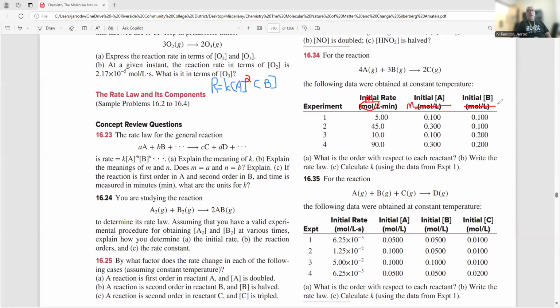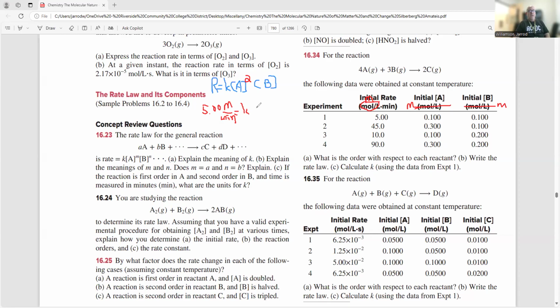This is molarity. So R is going to be 5 molarity per minute equals K.